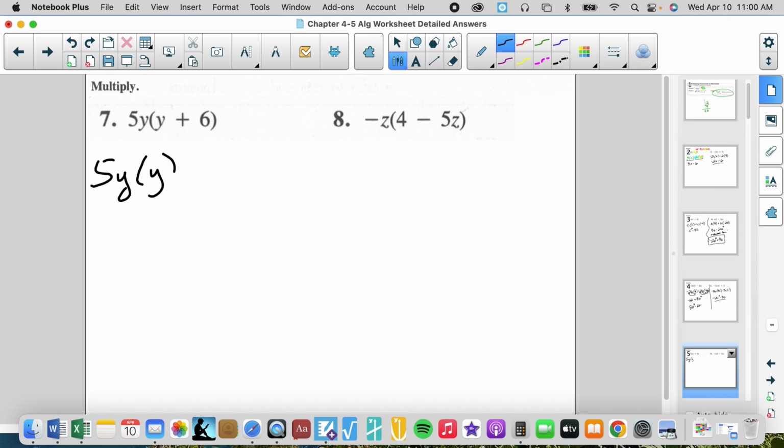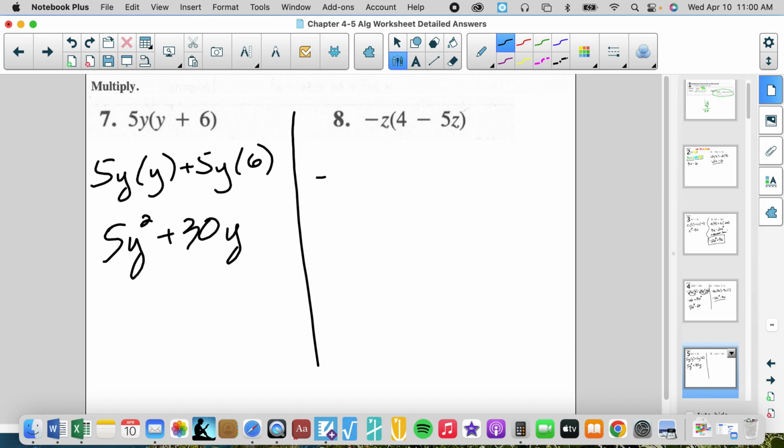5y times y plus 5y times 6. 5y times y is 5y squared. 5y times 6 is 30y. Negative z times 4 minus z times negative 5z. Negative z times 4 is negative 4z.